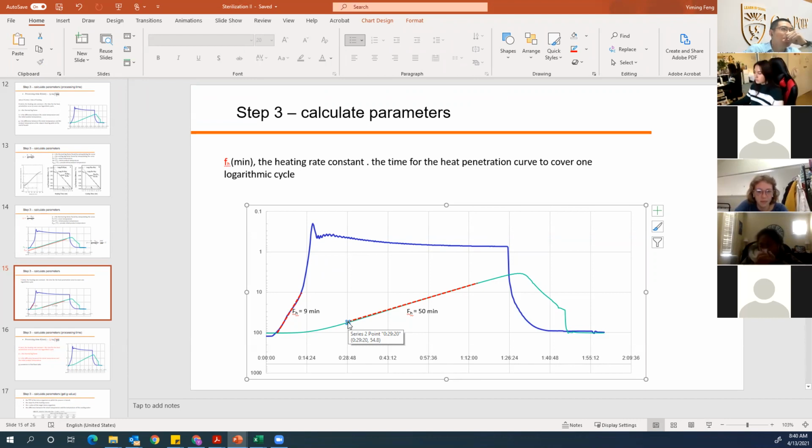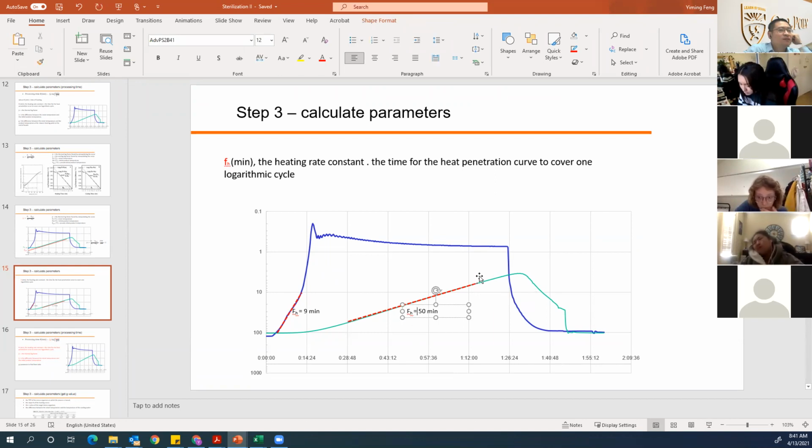One log reduction means this number will reduce to about 5.5, right? So we'll find another point in the later stage of the heating where the value is about 5.5. The one that I found was 5.69. It's not perfectly accurate, but it's about 10 times less. Basically we subtract the starting time from the ending time, which is about 50 minutes.